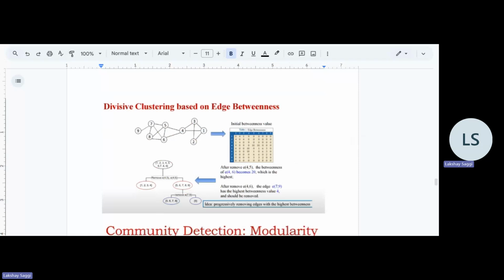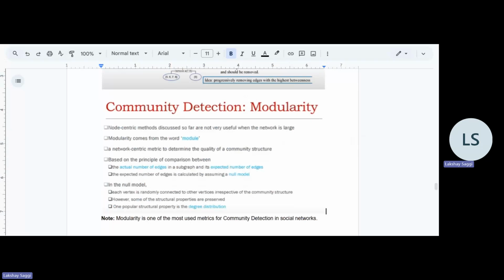If we want a method that is less computationally expensive while still doing well on community clustering, then the method of modularity comes into the picture, which is a really nice piece of research that was proposed in the early 2000s.